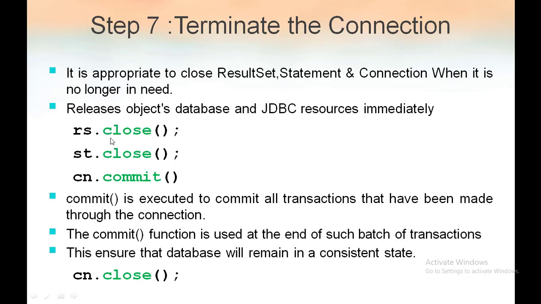Result set object dot close, statement object dot close, connection object dot commit. Here I used the commit method. Commit method is executed to commit all the transactions that have been made through the connection. After the commit operation, cn.close method is used.